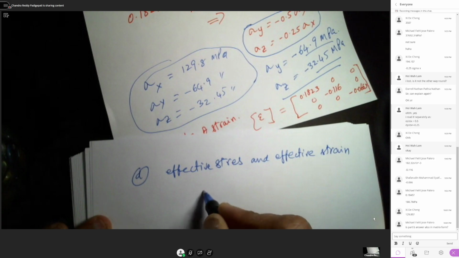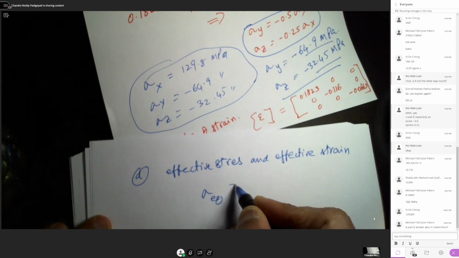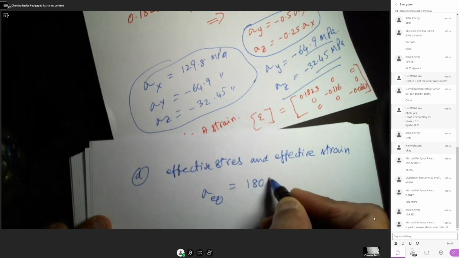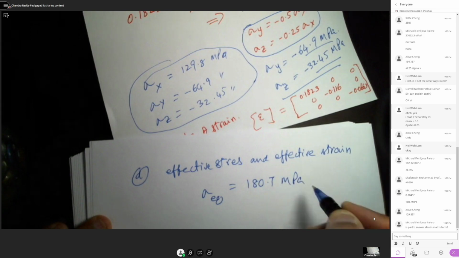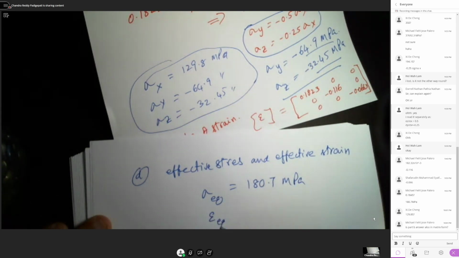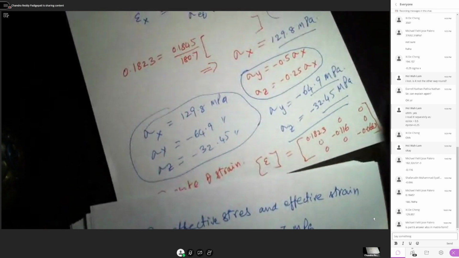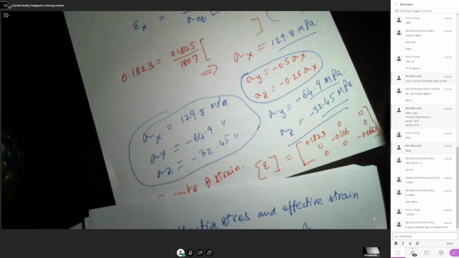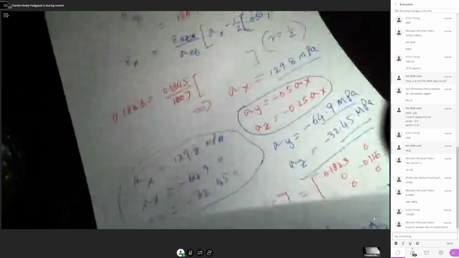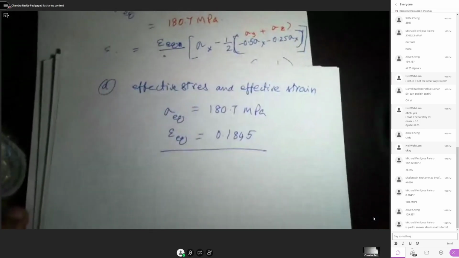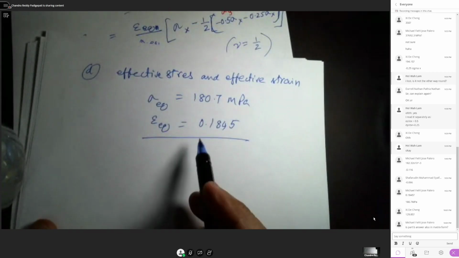Effective stress, sigma equivalent, we calculated 180.7 megapascals, and effective strain equivalent we calculated 0.1845. You can just rewrite these two values. That will be the final answer for part D.